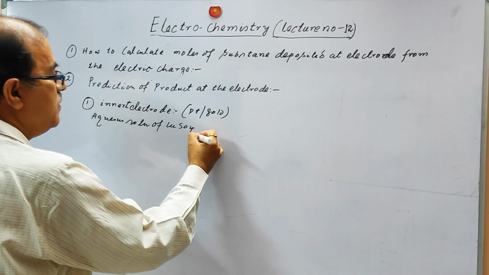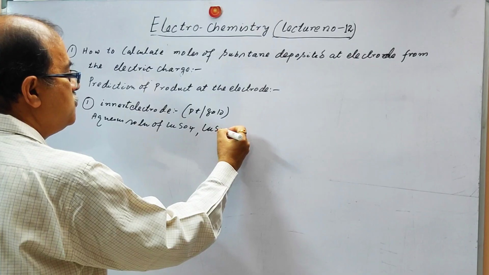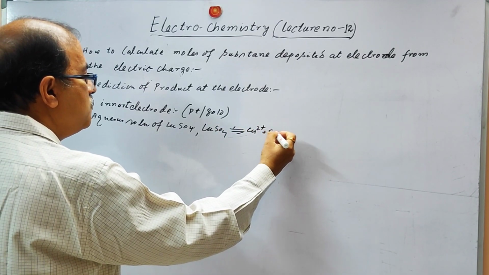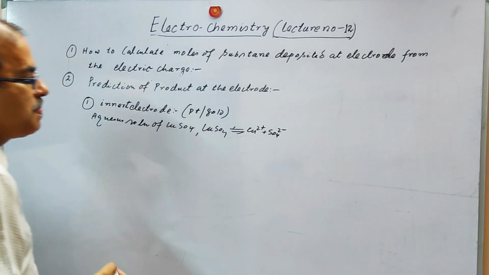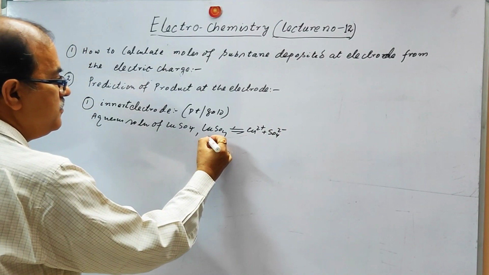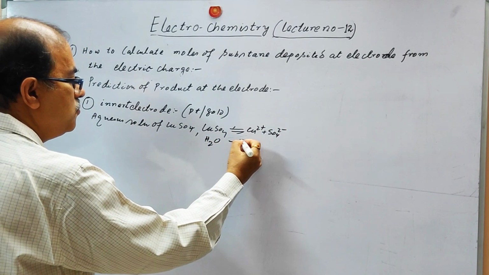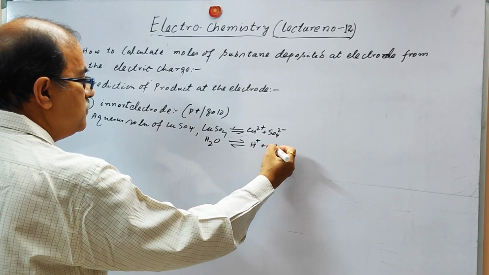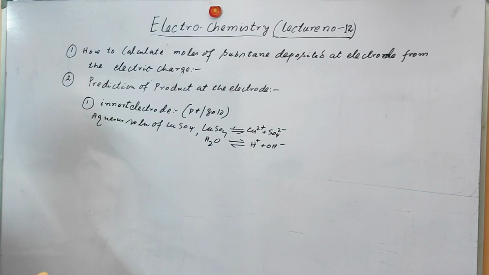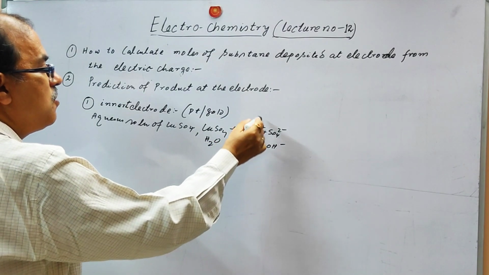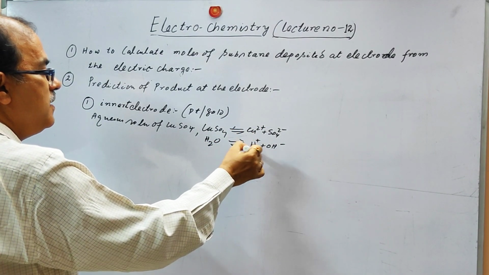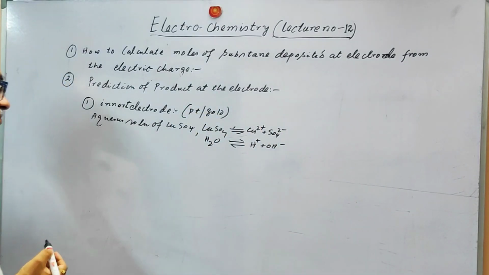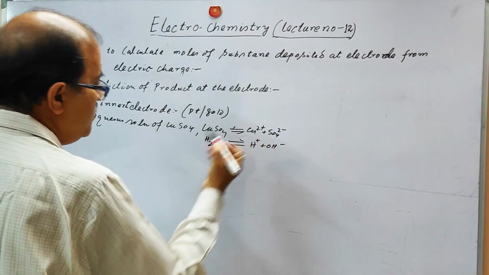This dissociates into Cu2+ plus SO4 2-, and since it is an aqueous solution, H2O also dissociates. At the cathode there is a competition between the Cu2+ ion and the H+ ion. At the anode there is competition between the SO4 2- ion and the OH- ion.